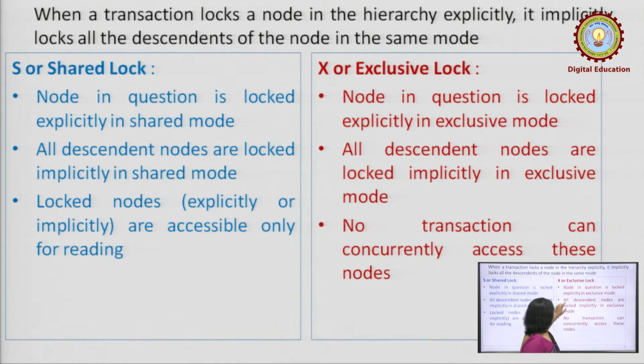When a data item is locked explicitly in the exclusive mode, then the node in question is locked in the exclusive mode, and all the descendant nodes are locked implicitly in the exclusive mode. No transaction can concurrently access these data items which are locked explicitly or implicitly in the exclusive mode.